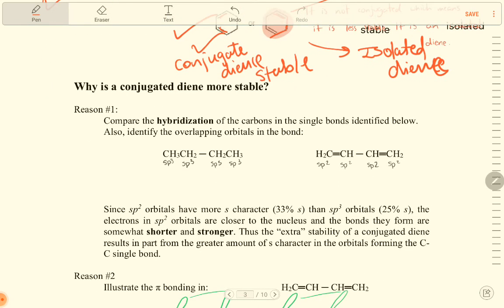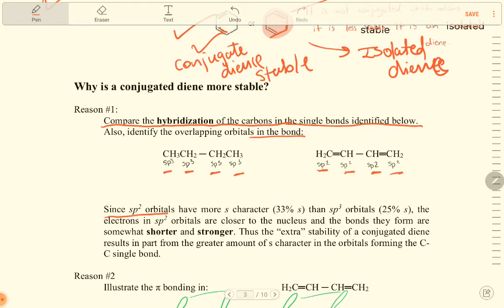Why is a conjugated diene more stable? So let's talk about it. The reason number 1. Comparison of the hybridization of carbon in single bonds is identified below. So let's identify the overlapping orbitals in this bond. So you can see sp3, sp3, sp3, sp3. While in here sp2, sp2, sp2, sp2.